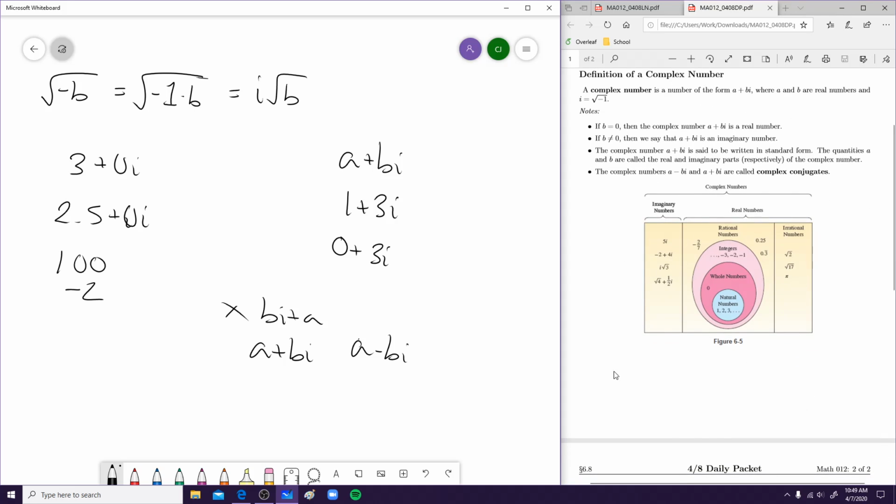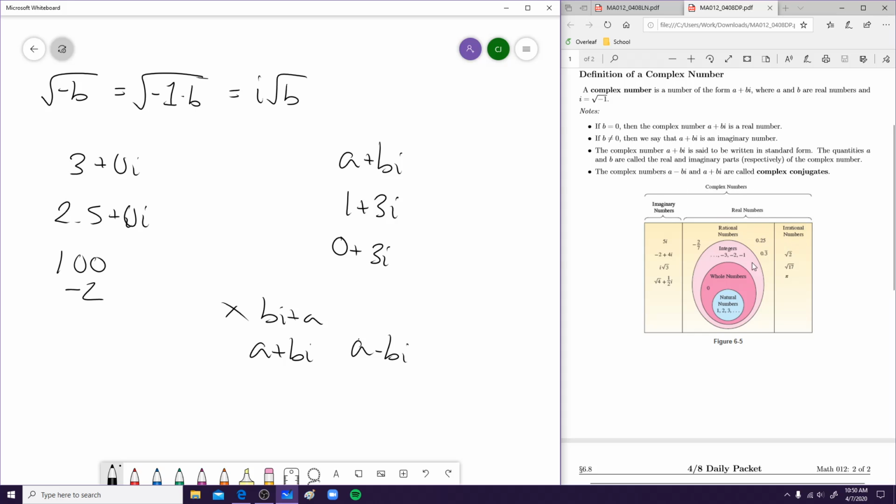And then down here, I took a figure from the book, and it just talks about all of the numbers, in little groups. So every number, like real and imaginary numbers, are all considered complex numbers. But real numbers are only when b is equal to 0.